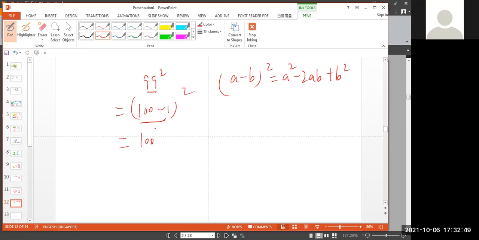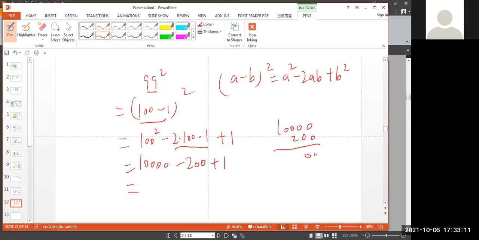So you get 100 square minus 2 times 100 times 1 and then plus 1. So you end up with 10000 minus 200, then you plus 1. So you end up with 9800, then plus another one is 9801. So it's easier if you do it this way.